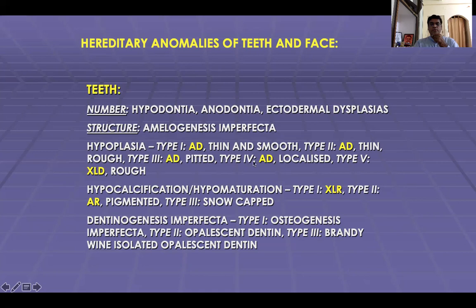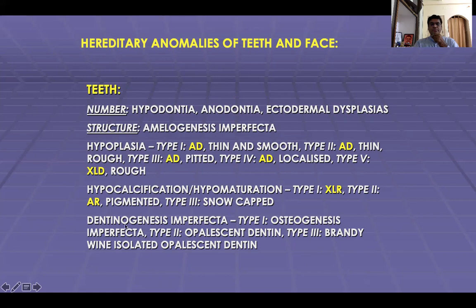Type 4 is also autosomal dominant, whereas localized type 5 rough will be X-linked dominant. Hypocalcification, hypomaturation type 1 will be of X-linked recessive inheritance, and type 2 hypocalcification, hypomaturation is autosomal recessive. Pigmented type 3 or snow-capped variety is there.